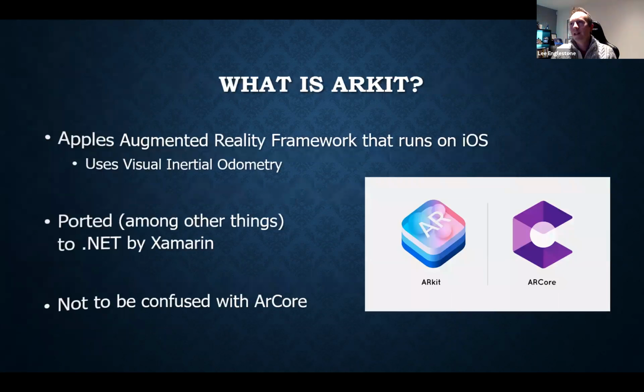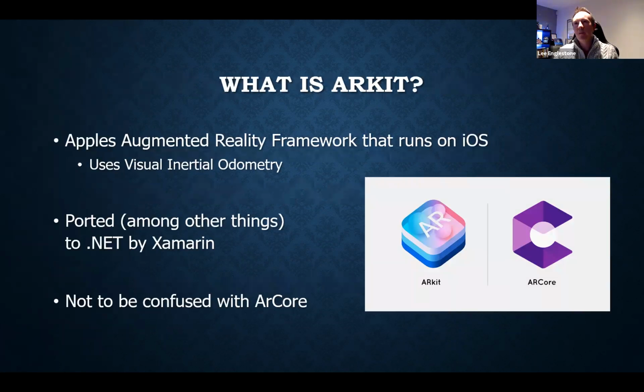Okay, so that takes us on to what is ARKit. This is Apple's augmented reality framework, which runs on iOS, and it uses something very clever called visual inertial odometry, which I can never explain very well. But what it does is combine the camera on your phone as you're moving around, and this is where I have to refer to my notes, with the motion sensing hardware in there, like the accelerometer as you move your phone around, and the compass to know which direction you're pointing, as well as a healthy dose of computer vision analysis of the scene to determine points of interest, so it can remember what parts of the environment look right.